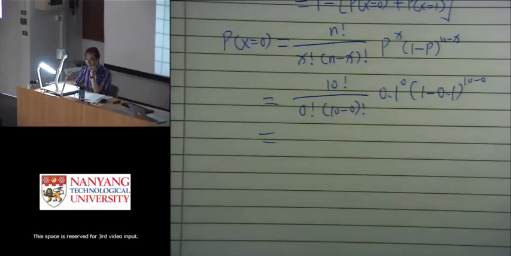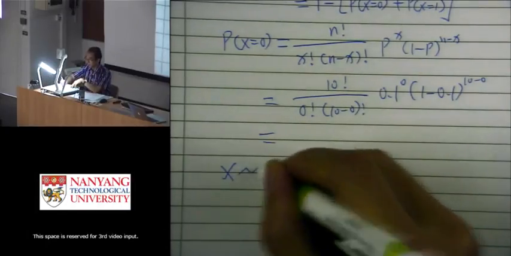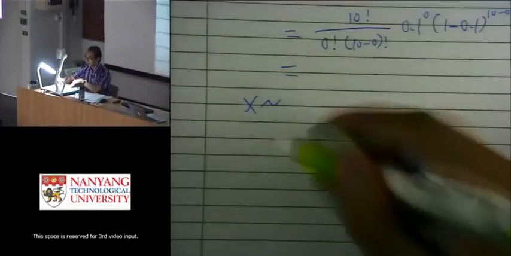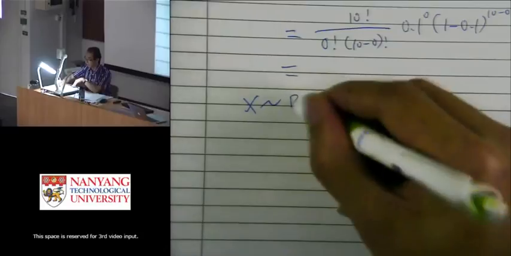Then we can look at part B. They said the defect rate is actually 20%. Now the defect rate is 20%. So if we choose the components randomly, X still satisfies a binomial distribution.